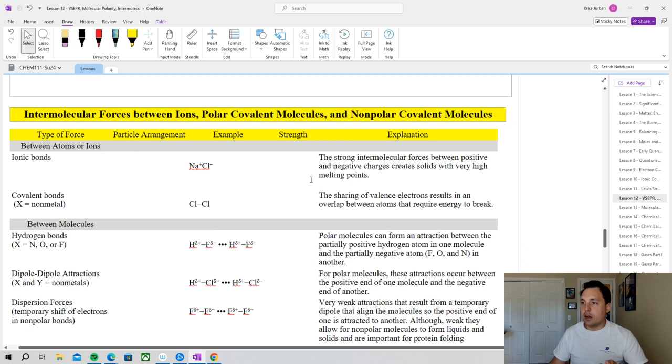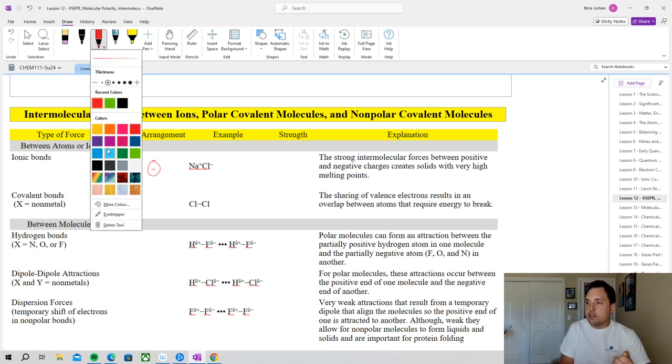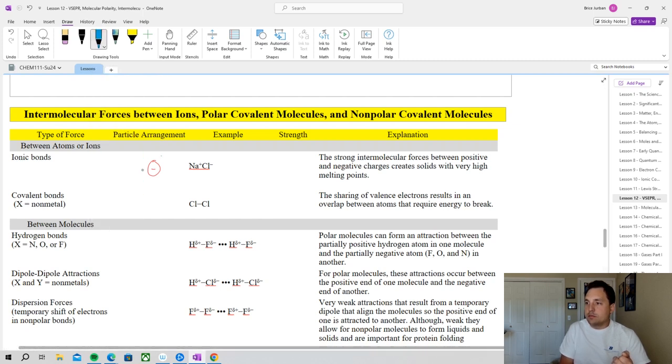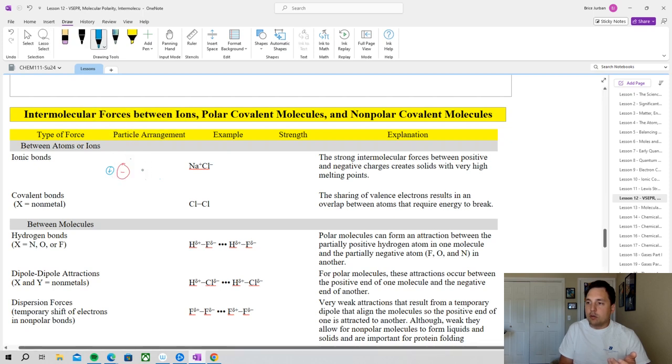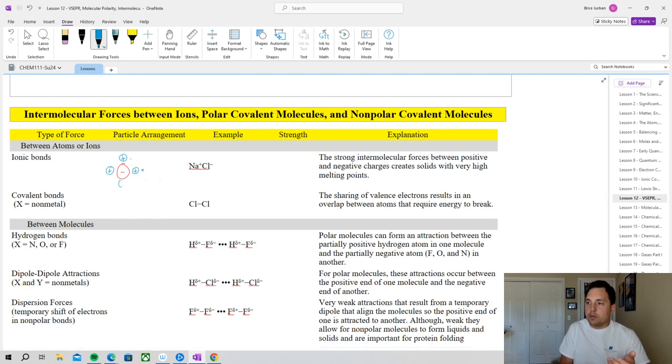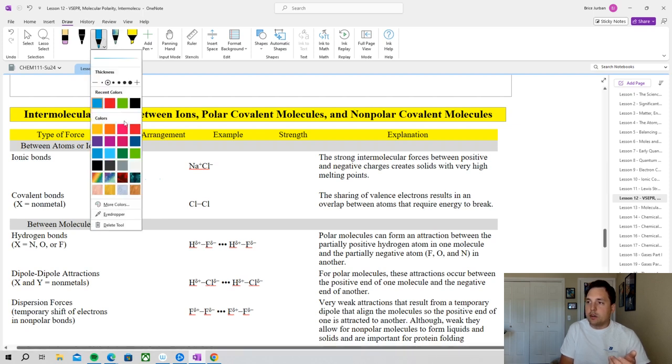So I have an ionic bond where I have a negative charge and I have a positive charge. And those particles are arranged near each other. Oftentimes, there's going to be a variety of them, so we'll actually get a lattice structure where these positive and negative charges are going to be around each other.